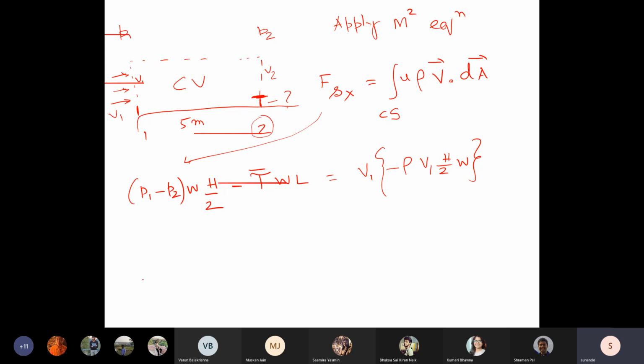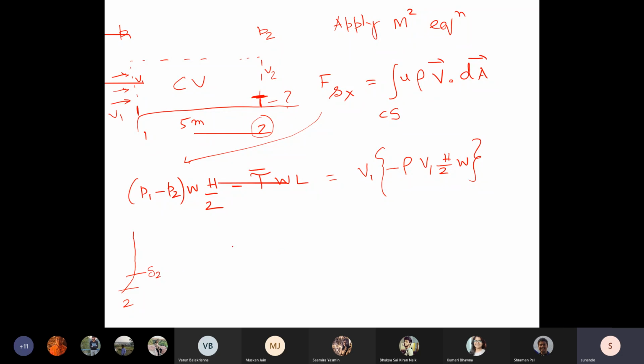Now let's concentrate on location 2. If this is my location 2, then the velocity profile would probably look like this. Up to a certain point, the velocity will vary, and beyond that point, the velocity will not change. So the thickness of this is obviously going to be 0 to delta 2, and it is momentum going out of 2. Momentum, if it goes out of 2, is going to be positive.